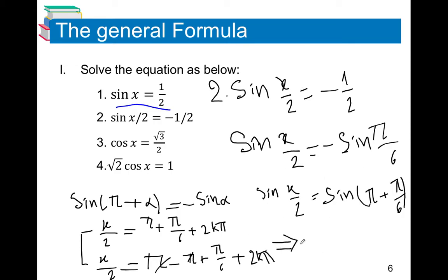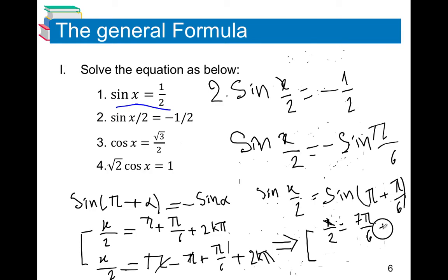We can write h over 2 equals 7 pi over 6 plus 2k pi, and then h over 2 here equals 0, right? We can write pi over 6 plus 2k pi.